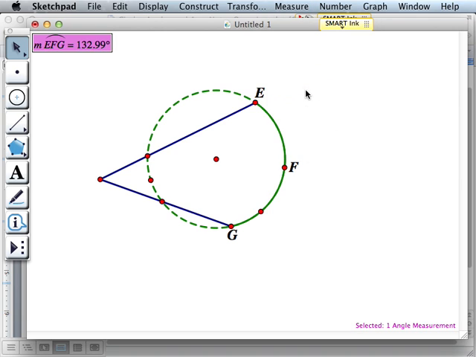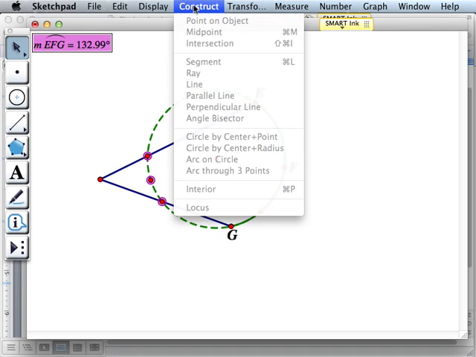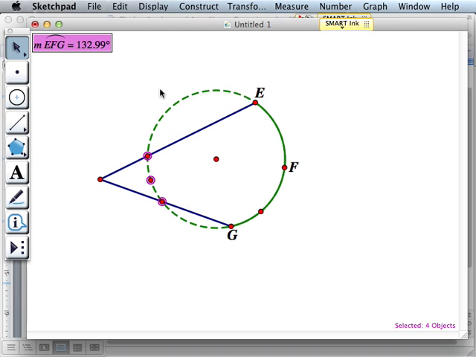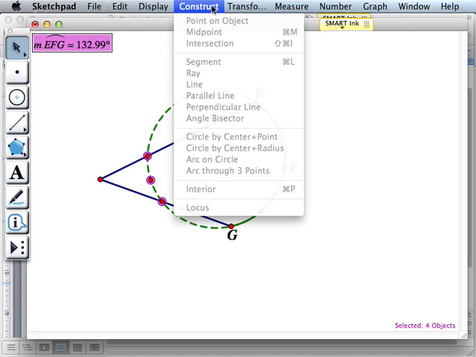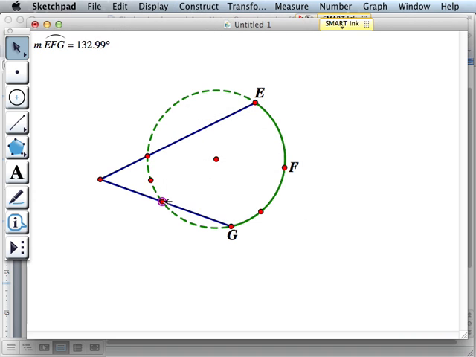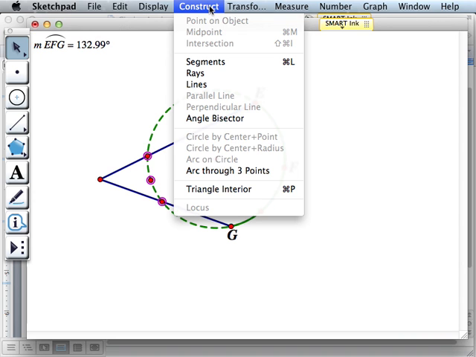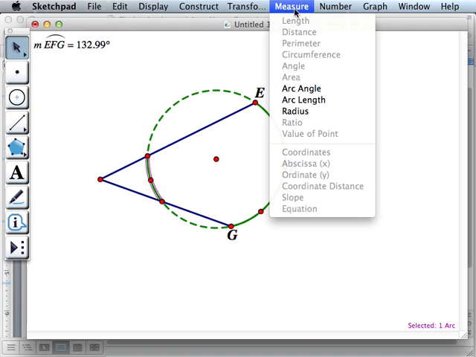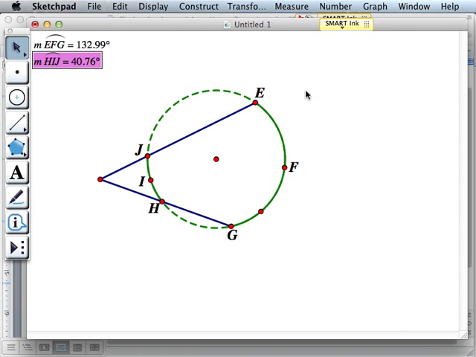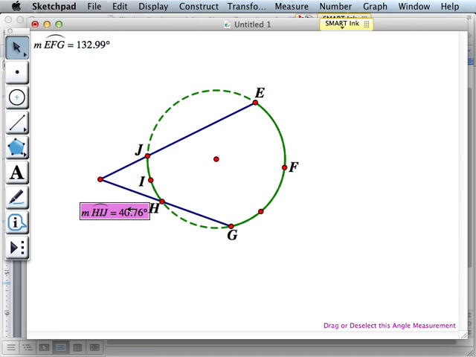Okay. And now here, I'm going to do the same thing. Construct. Let me do this. Construct arc through points, measure arc angle. So we've got this little guy measures 40.